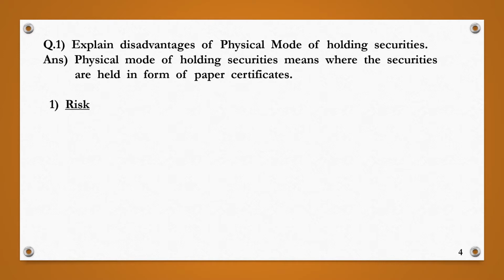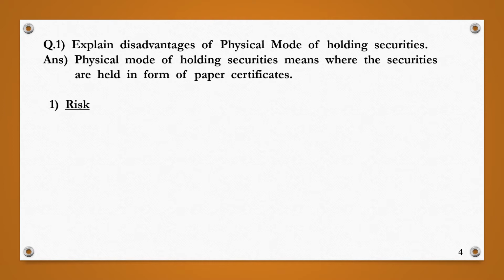Thus, when the securities like shares, debentures and bonds are held in the form of share certificate, debenture certificate and bond certificate respectively, it is called as physical mode of holding securities. Hence, it can be concluded that when the company issues share certificate, debenture certificate, bond certificate, etc. in paper form, it is known as physical mode of holding securities.